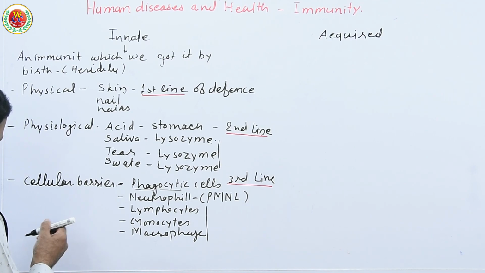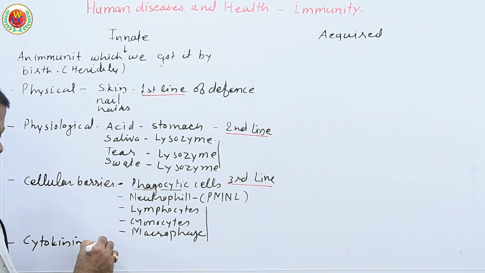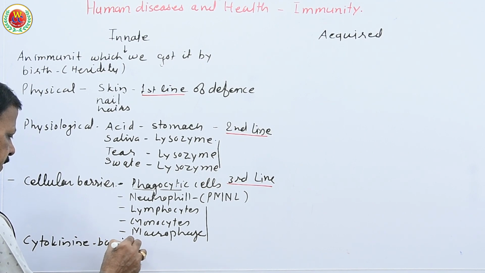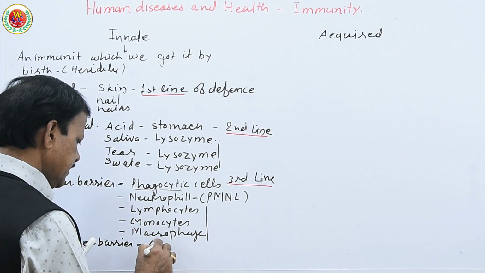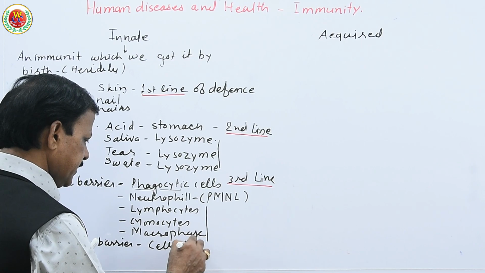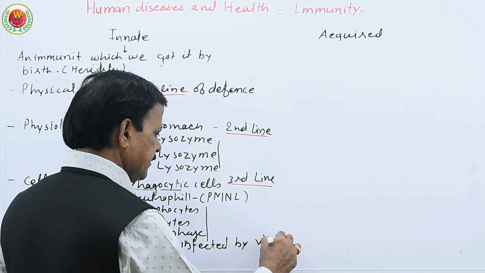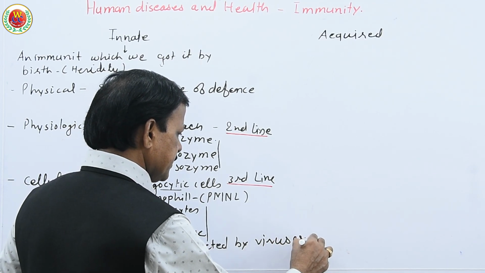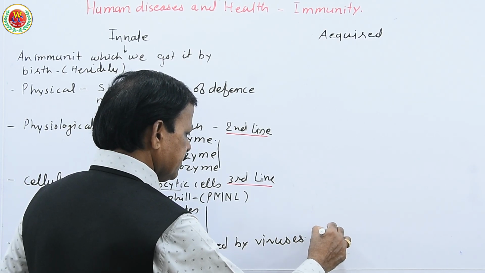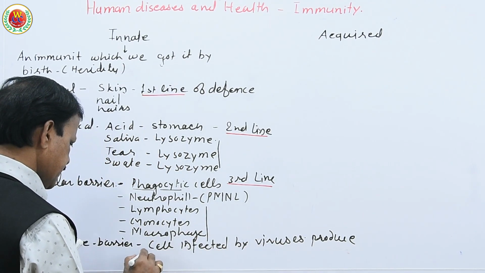Now the fourth line of defense is the cytokine barrier. Here, cells infected by viruses produce interferon.